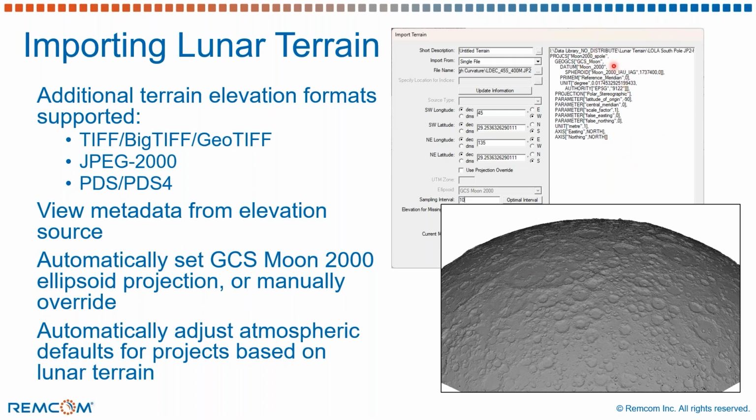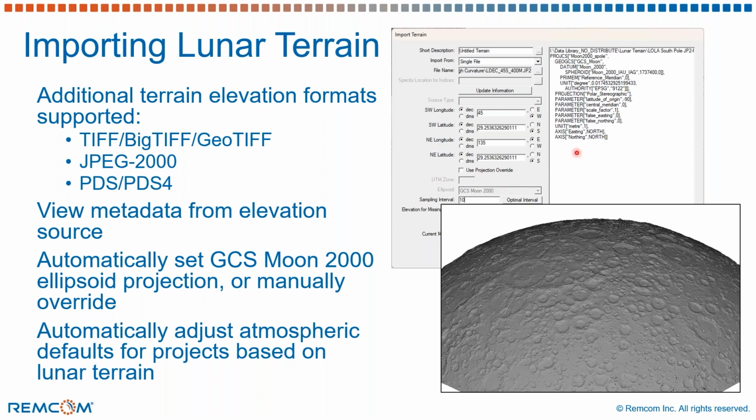You might look for some keywords like moon 2000, what spheroid is being used, things like that, just to confirm, or various things that could be helpful to your understanding what data you have. If the projection is well defined in that set, the importer will automatically set the ellipsoid to GCS moon 2000.